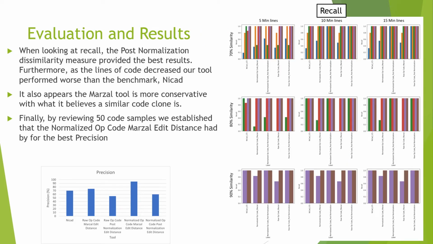When looking at recall, the post-normalization dissimilarity measure provided the best results. Furthermore, as the lines of code decreased, our tool performed worse than the benchmark, NiCad. It also appears the Marzal tool is more conservative with what it believes similar code clones are. This can be shown in column 10 min lines and row 70% similarity, where we succeed in finding all the code clones in the buckets between 80 and 85%.